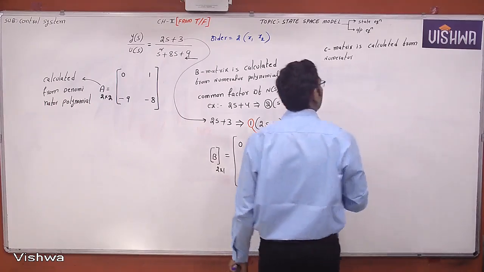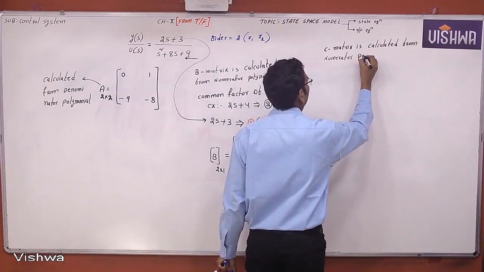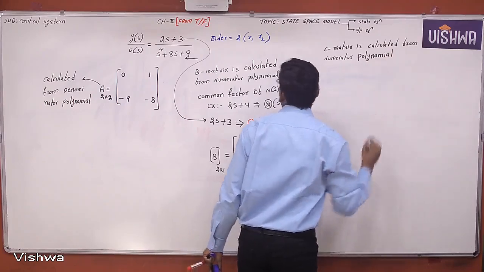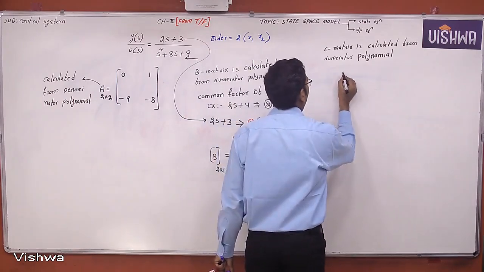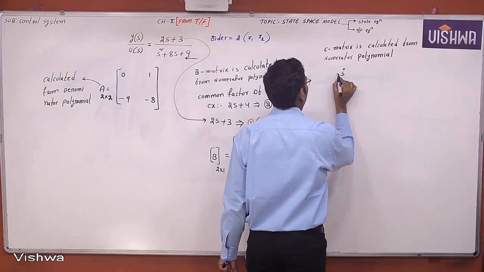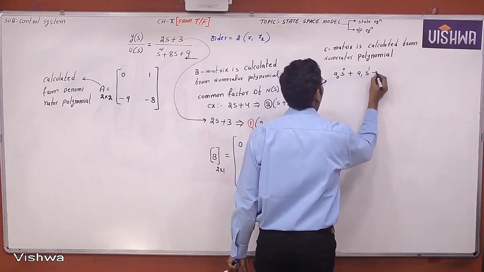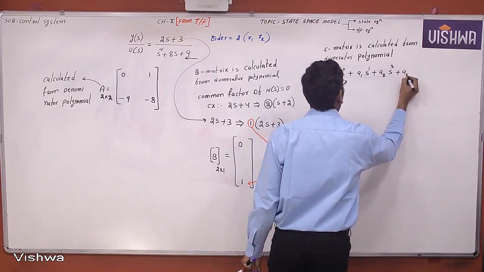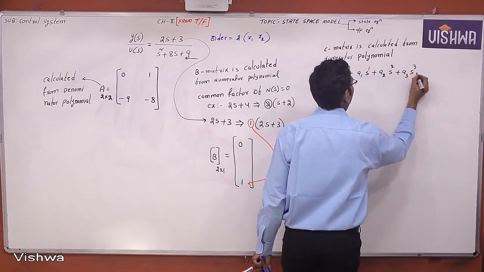The numerator polynomial is a0 s power 0 plus a1 s power 1 plus a2 s power 2 plus a3 s power 3 and so on.